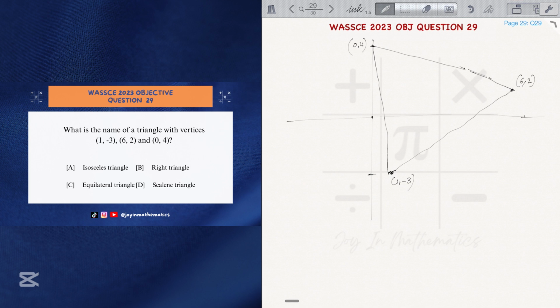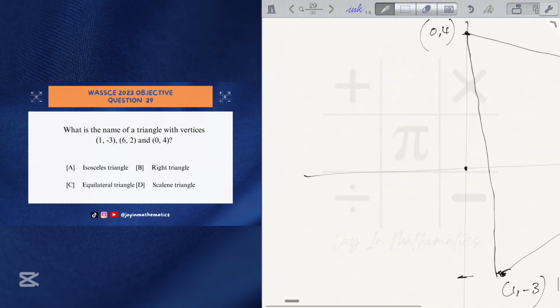Now, to fully understand this question, we have to look at the options, so that we'll know what we are looking for. Isosceles triangle means two sides are equal.